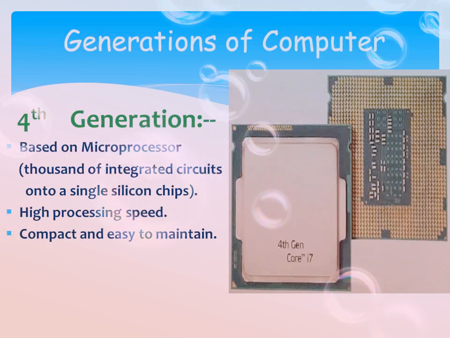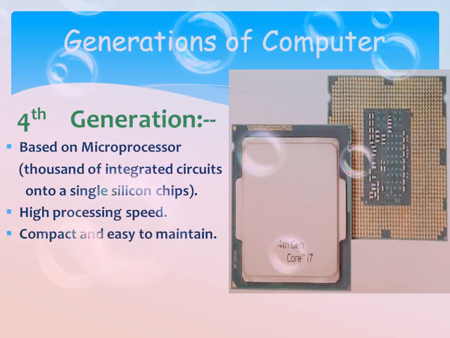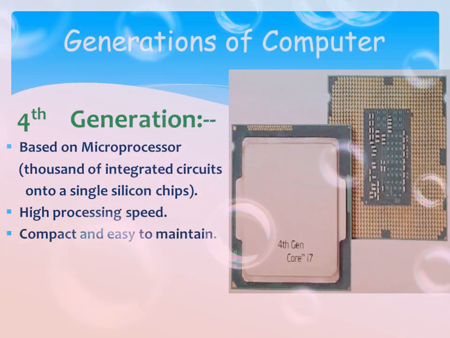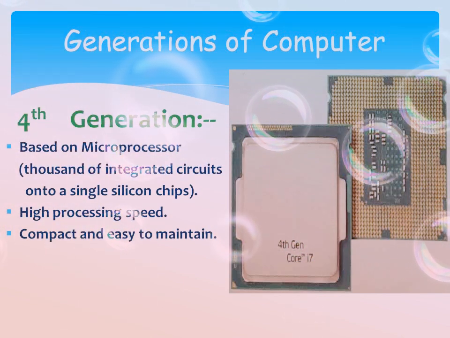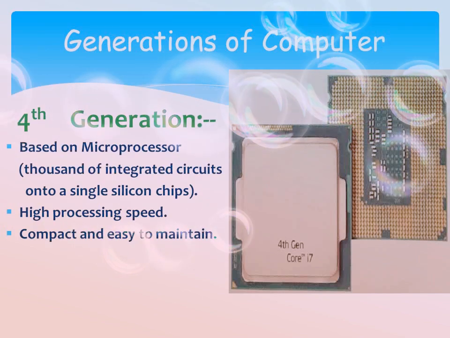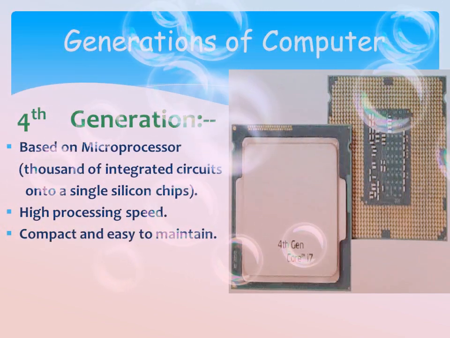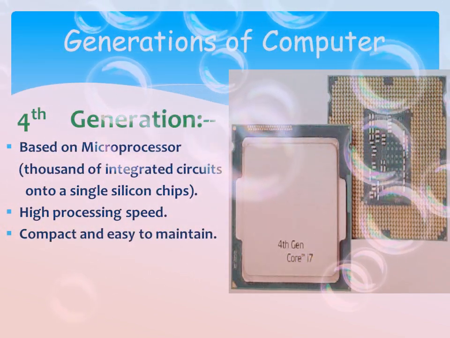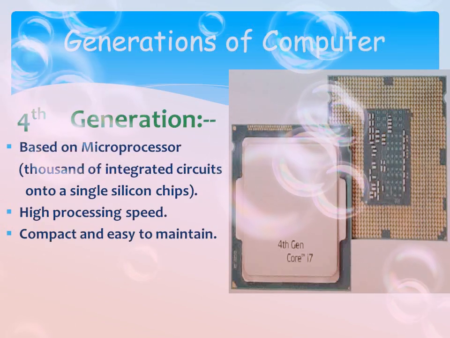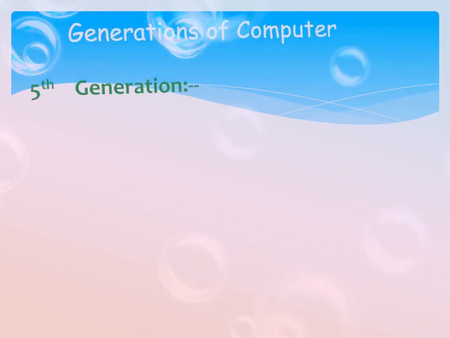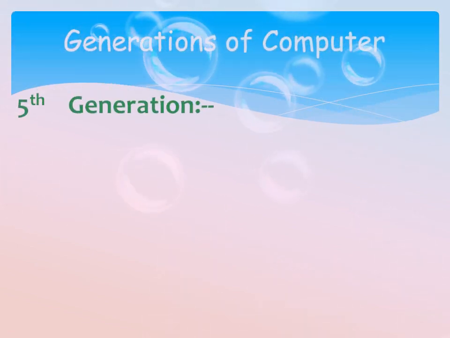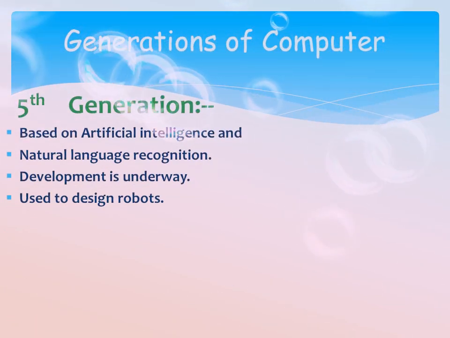This is the microprocessor, and it is compact and easy to maintain. It has high processing speed, and it has limitations on the size of data. This is the fourth generation computer. Second one, and this is the last one also, this is the fifth generation computer.